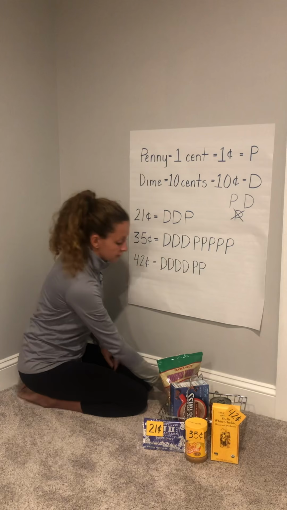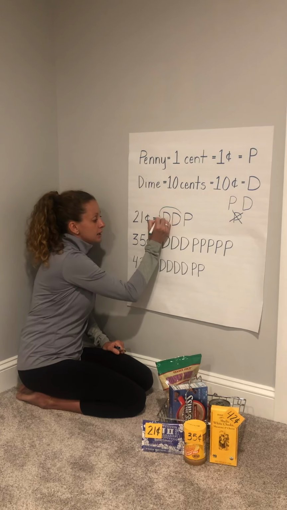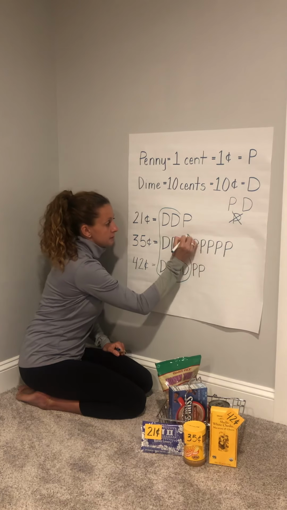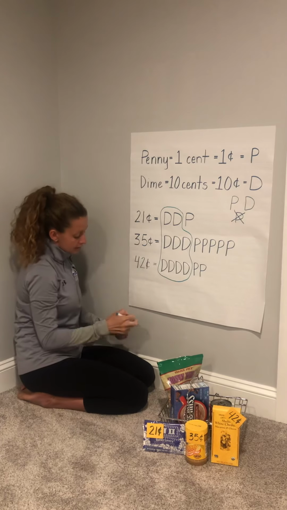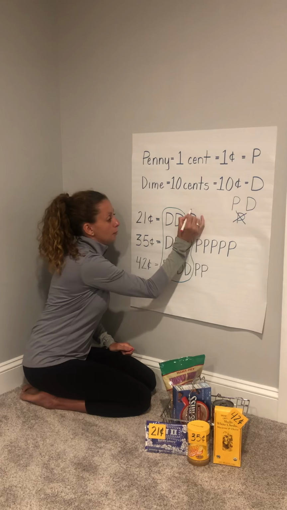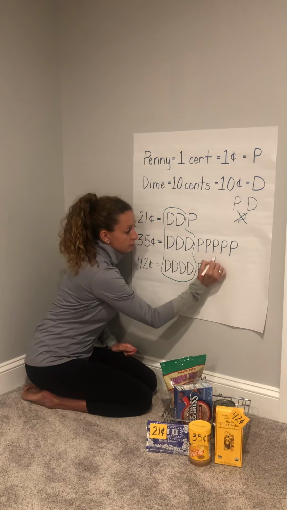So I'm going to start with those first. And just to show my thinking and keep myself organized, I'm going to circle all of my dimes, all of my 10-cent pieces. Then I'm going to take another color and circle all my pennies, just to keep myself organized.